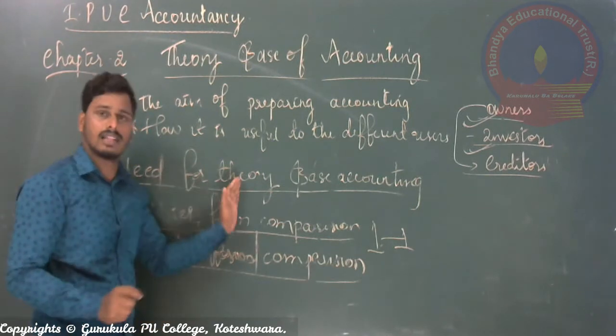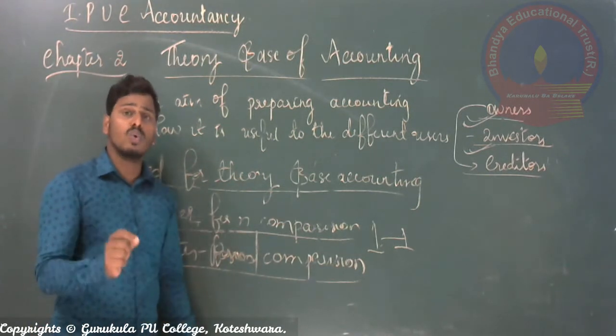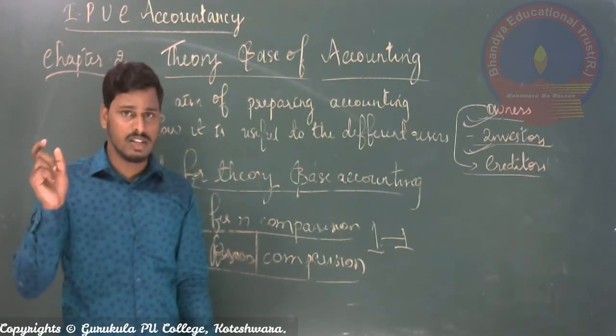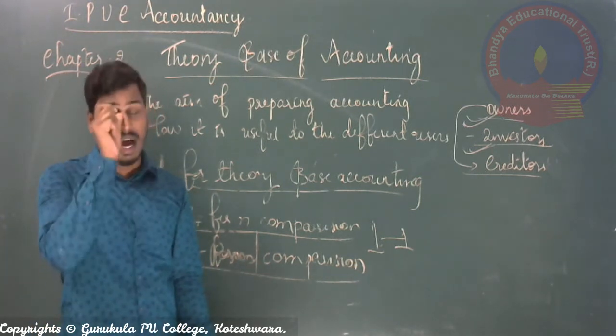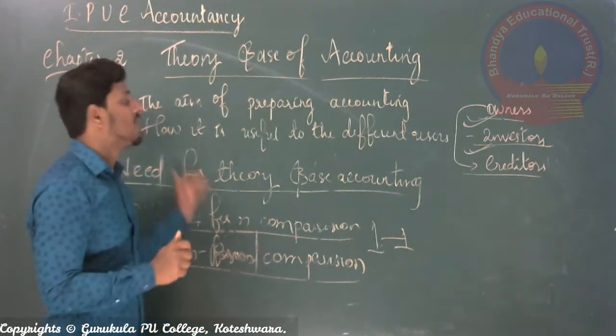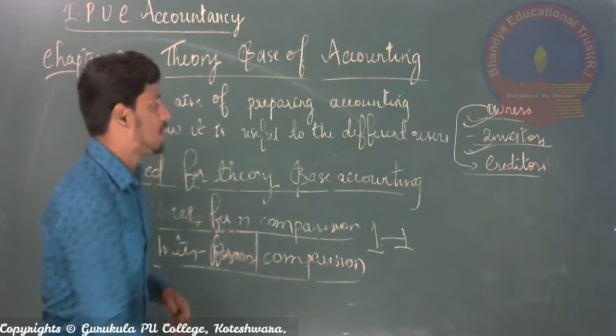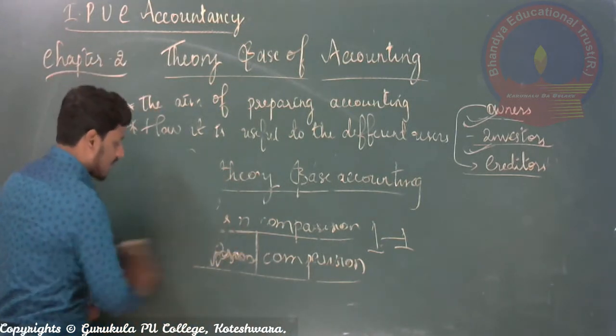Theory base is nothing but following the rules, regulations, policies, concepts and conventions while recording or preparing the books of account. This is the need for the theory base of accounting.